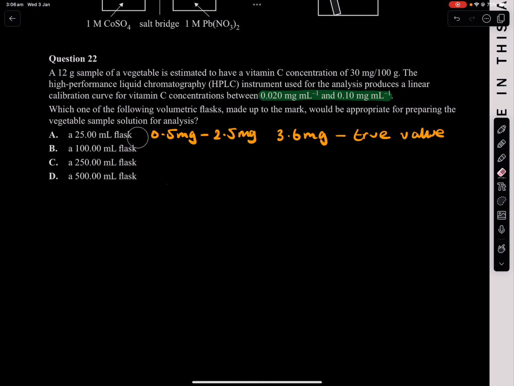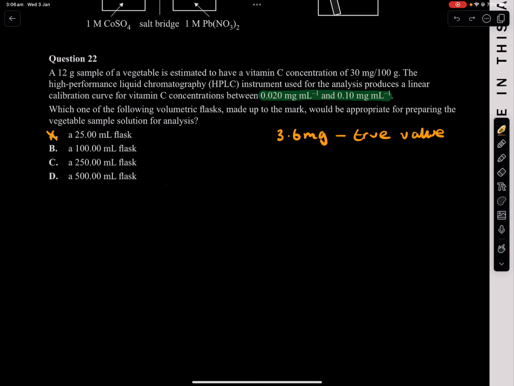If we use a 25 milliliter flask, the true value should be in this range, but that's rubbish. It's 3.6, which is not even between these two values. It's actually more than that. So a 25 milliliter flask wouldn't be the best in this case. Let's try 100 milliliters.